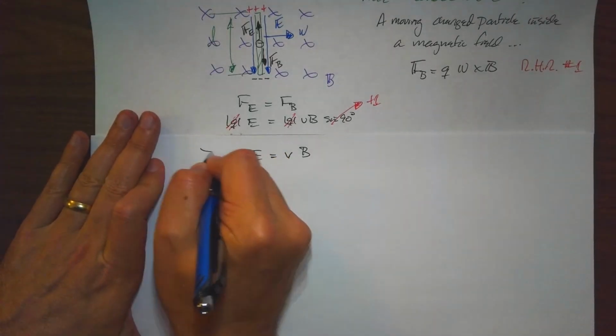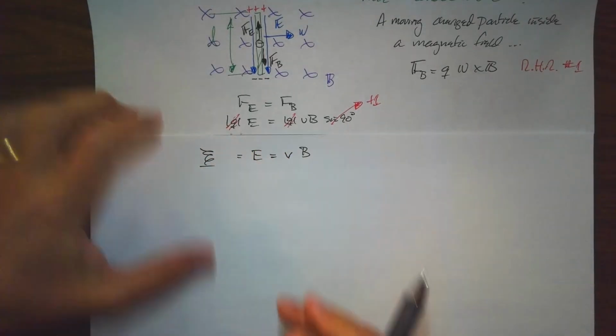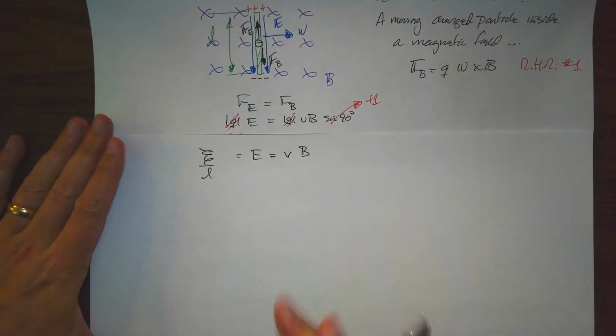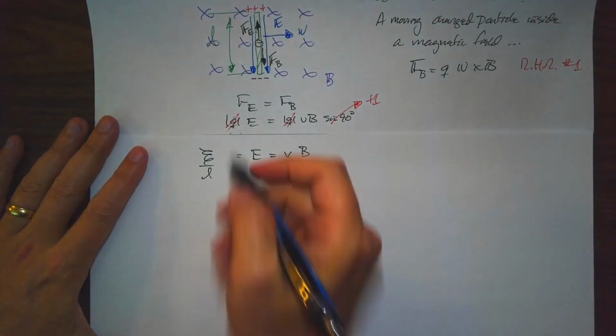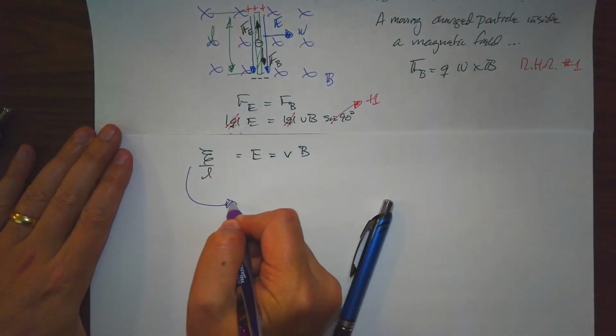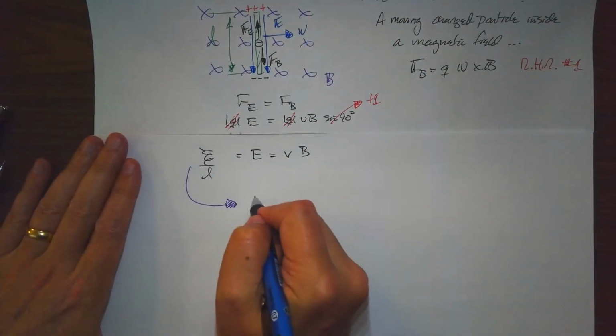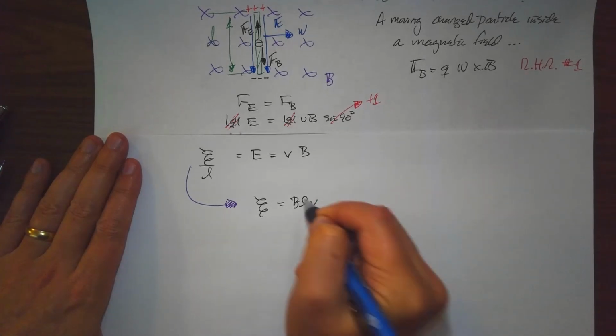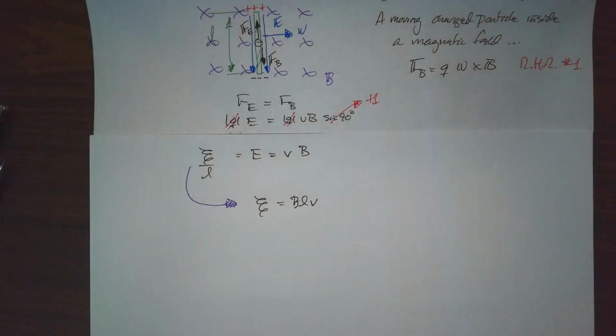So this will be our EMF over the spacing between the positive and the negative, which is the length of the rod. So the induced EMF is V times L times B, just like we had before.